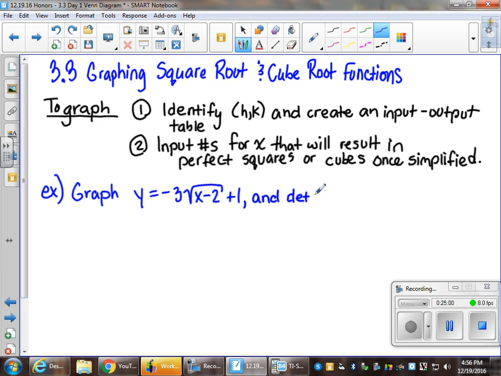And determine the domain, range and intercepts.